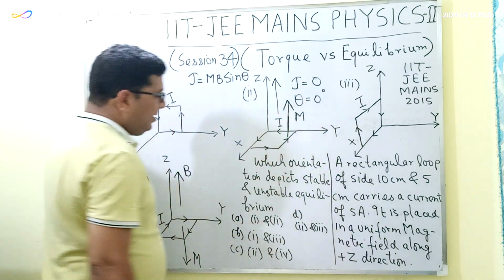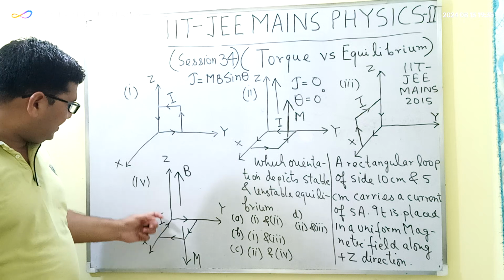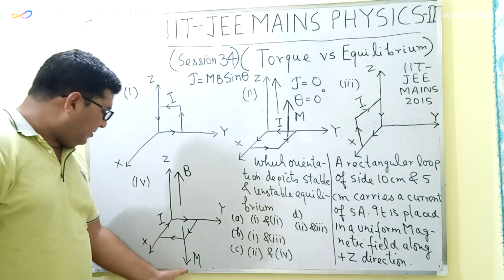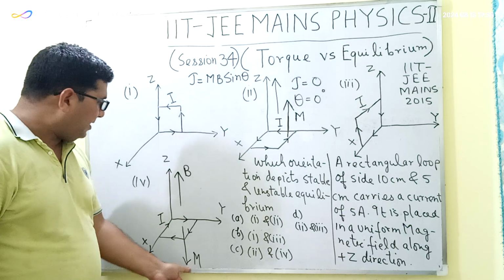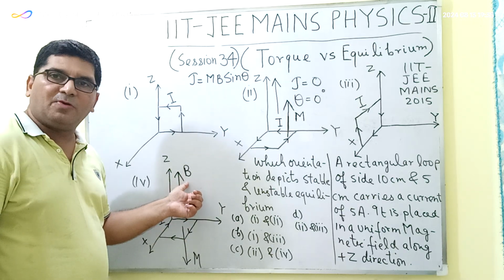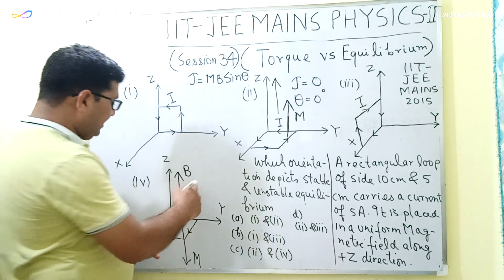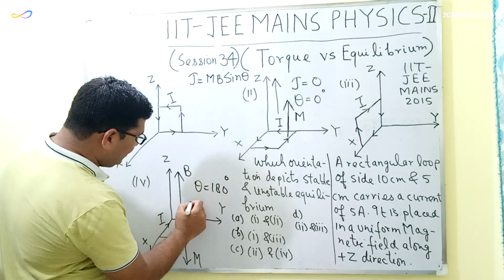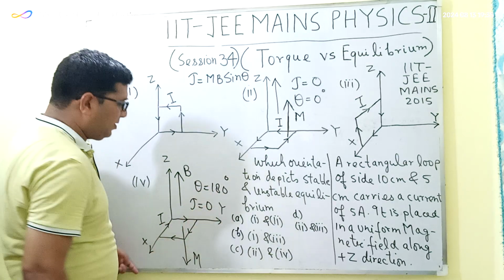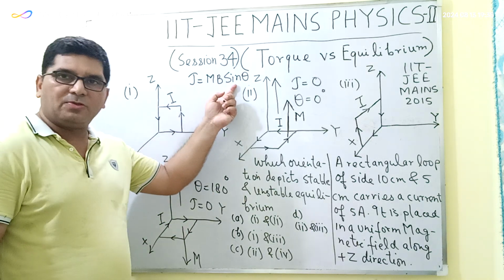Now in figure number 4, the direction of the magnetic moment is along the negative z-axis, and the direction of the magnetic field is along the positive z-axis. So here theta is equal to 180 degrees, and torque will be equal to 0, because sine 180 degree is equal to 0.